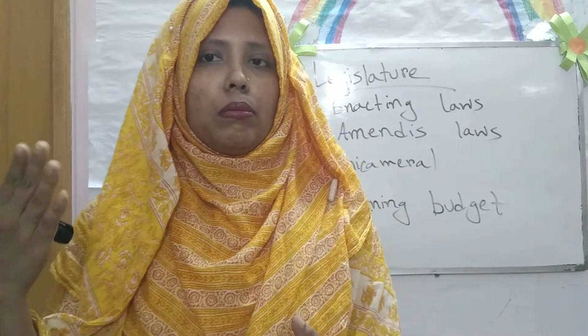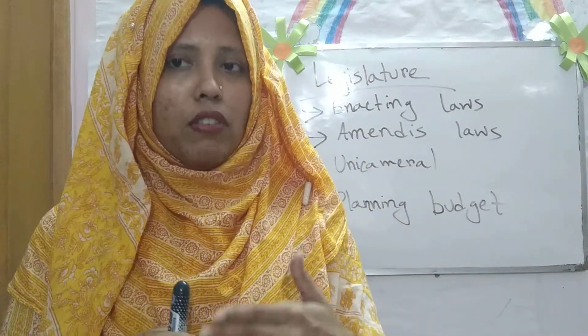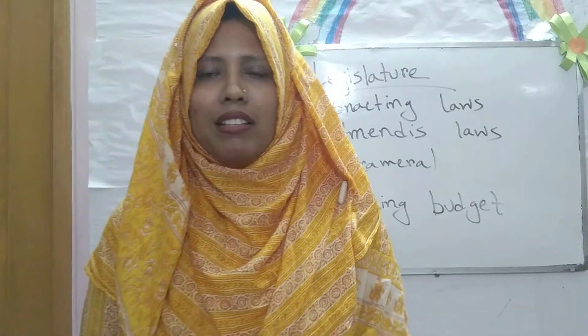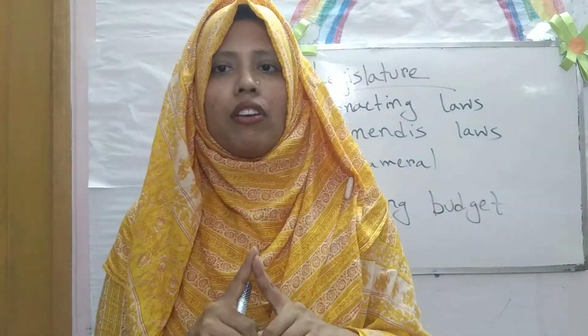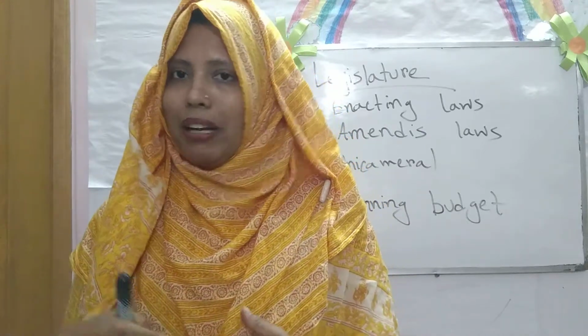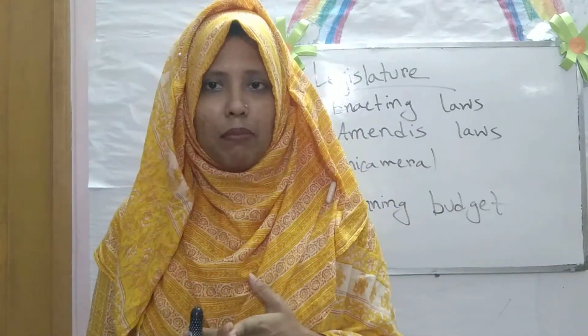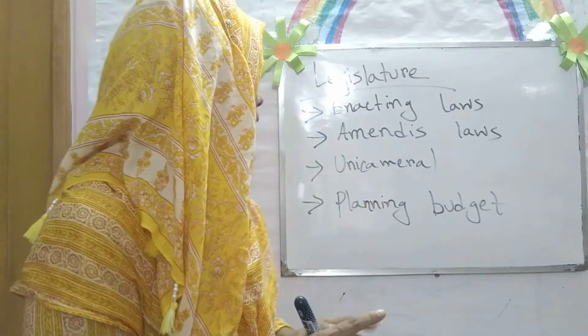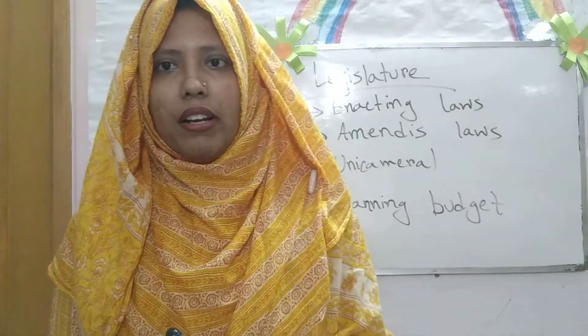Like the type of Bangladesh parliament is unicameral. Unicameral means one chamber of parliament, like Bangladesh. But some countries have two chambers of parliament. Two chambers of parliament means bicameral.